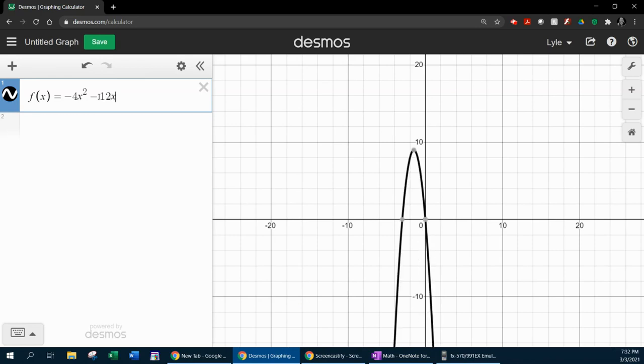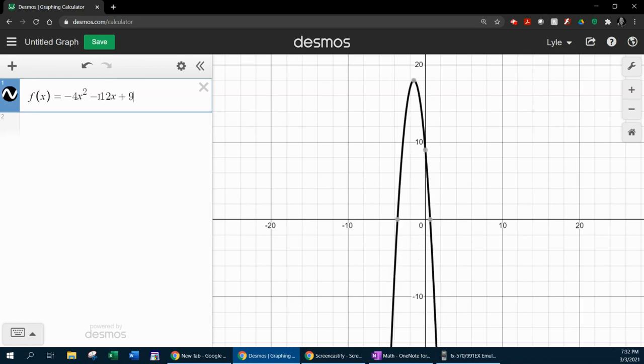We can click on the vertex. Negative 1.5 is, as an improper fraction, negative 3 halves, and 18. So the vertex is verified. The y-intercept, 0, 9, is verified.